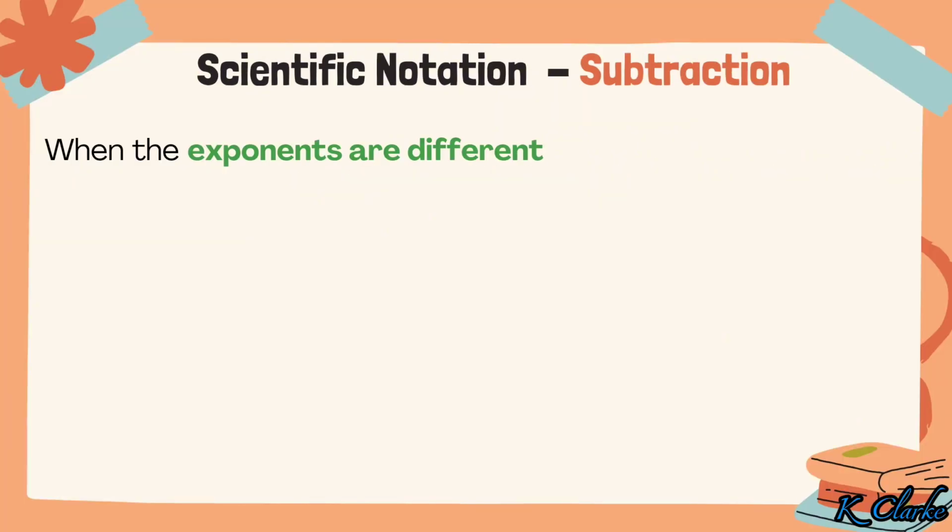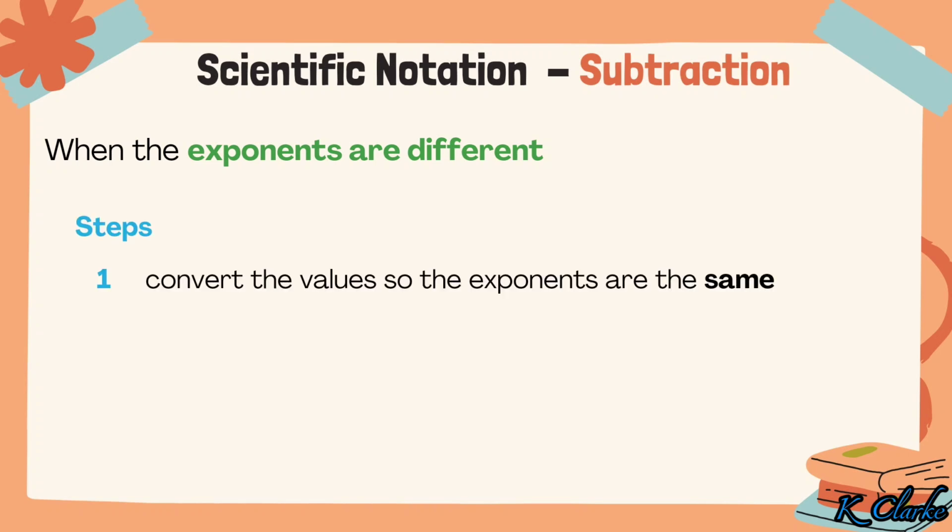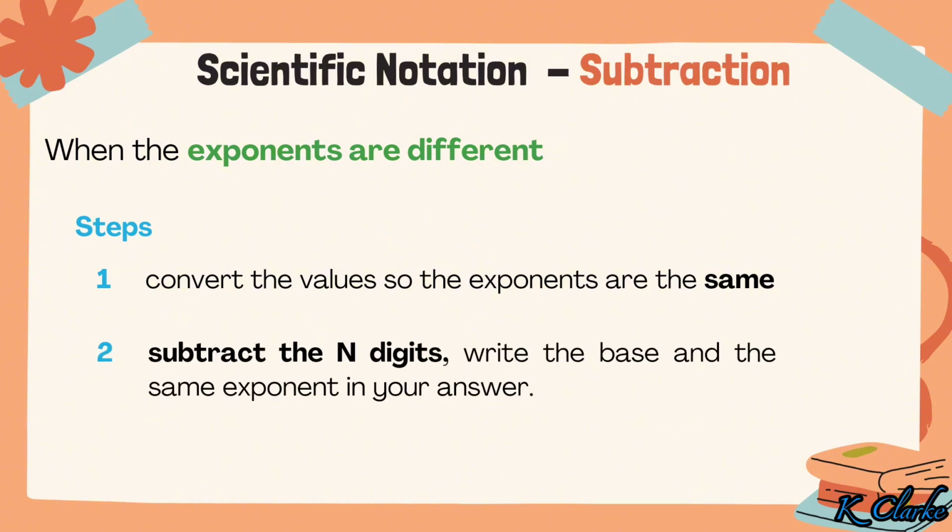Subtraction when the exponents are different. Step 1. Convert the values so the exponents are the same. Step 2. Subtract the n digits, write the base and the same exponent in your answer.